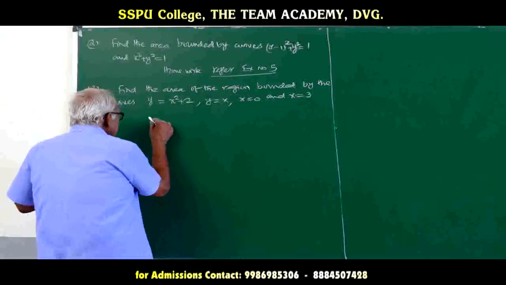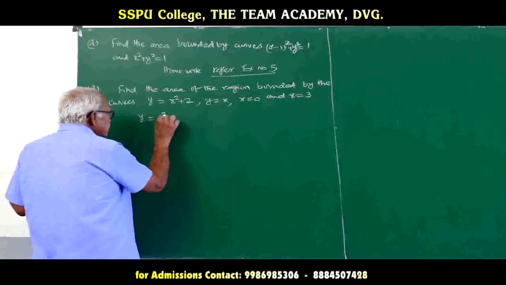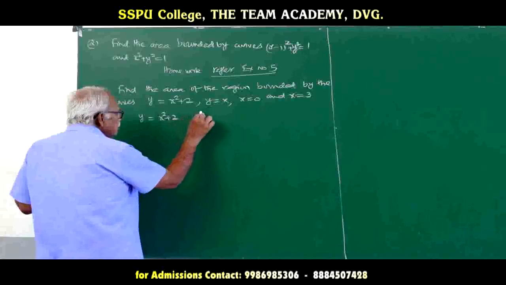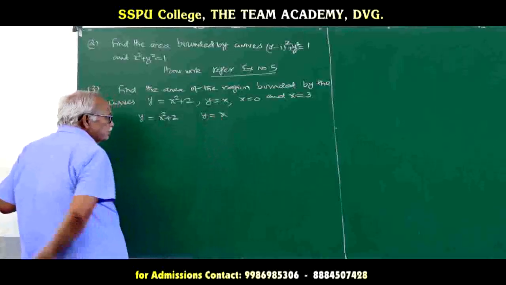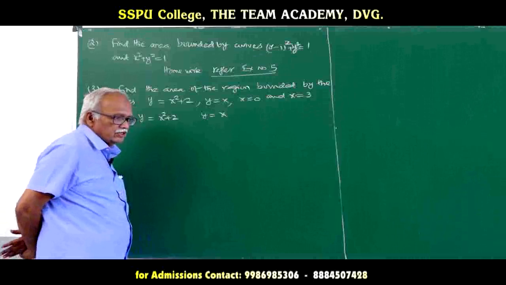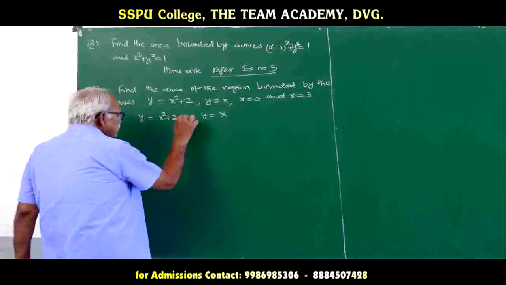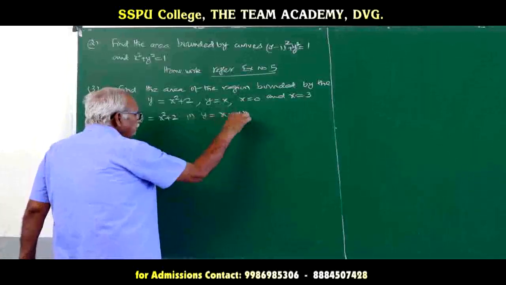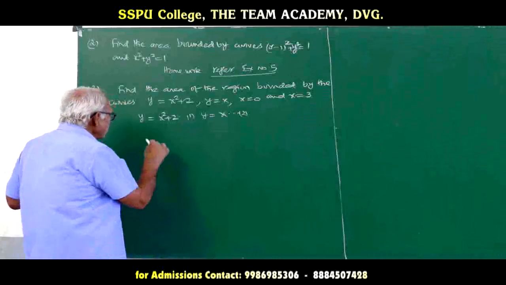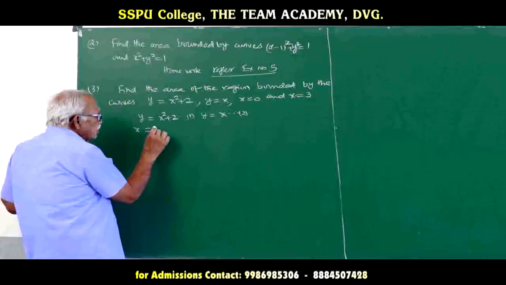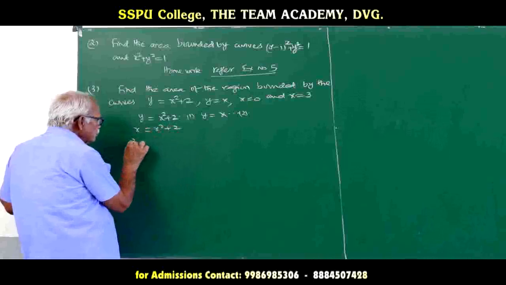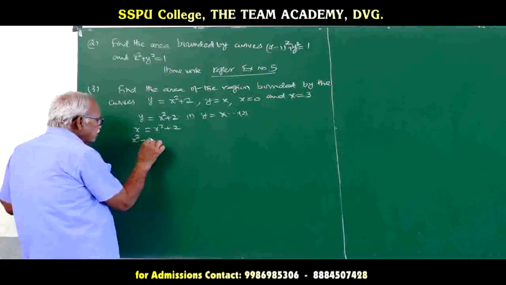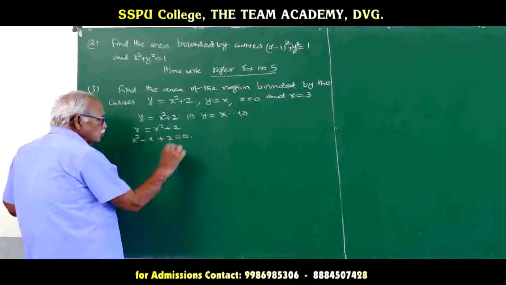First we have to solve these two equations, y is equal to x square plus 2 and y is equal to x. So x square plus 2 equals x, giving x square minus x plus 2.